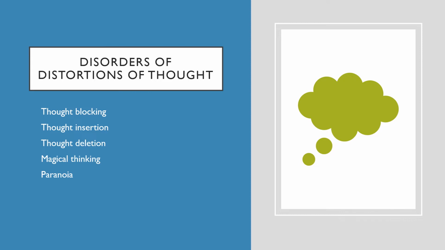Magical thinking is believing that thoughts or actions affect others' consequences. And paranoia is an irrational fear ranging from mild, which is wary, kind of guarded, to very profound. So they believe irrationally that another person is really intending on killing them, getting them, just very paranoid. So distortion of thoughts kind of fits into those categories there. And again, remember these are positive symptoms, something that's there that should not be there.